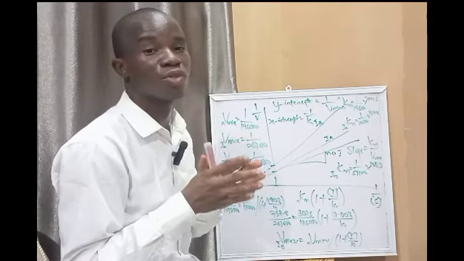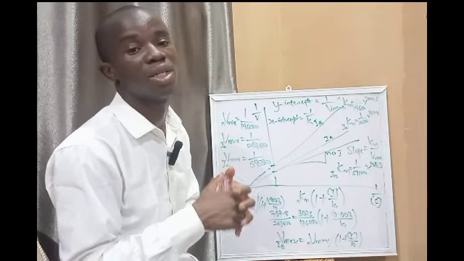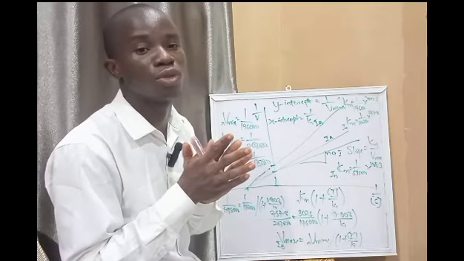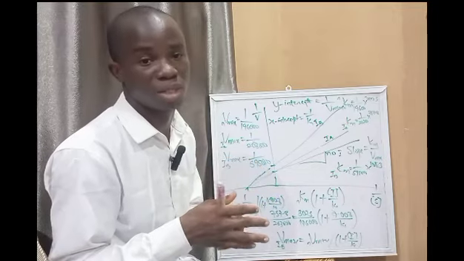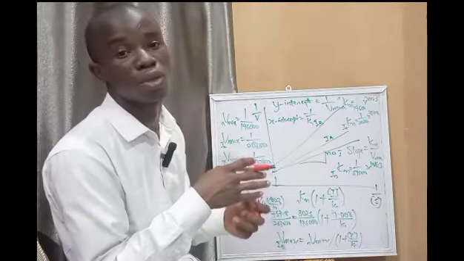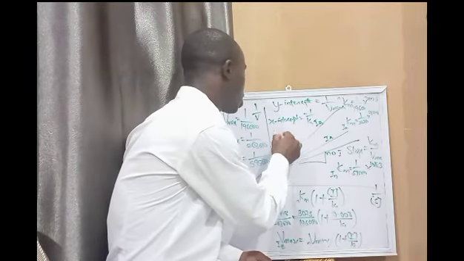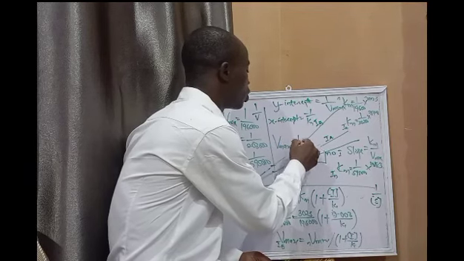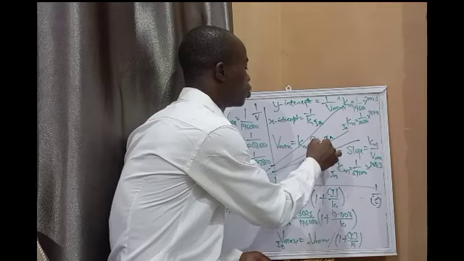Another thing that's also very important that I want to talk about is the case whereby they can ask you to calculate the turnover number. In that case, they would have given you the amount of total enzyme that was used in the particular enzymatic reaction. And I said in the previous video that Vmax, that is the maximum velocity, equals the turnover number multiplied by the total enzyme concentration.